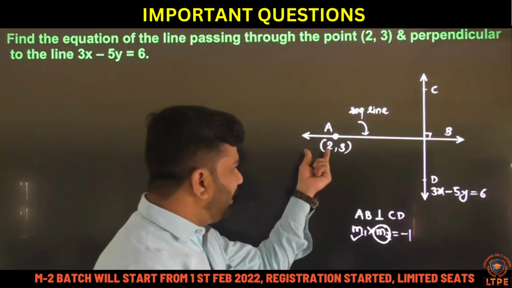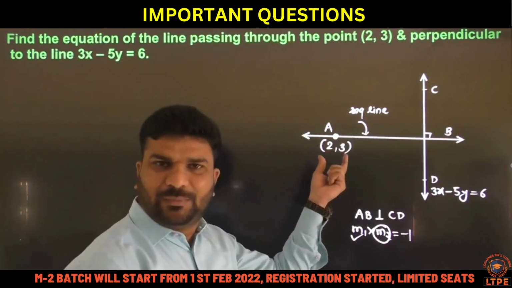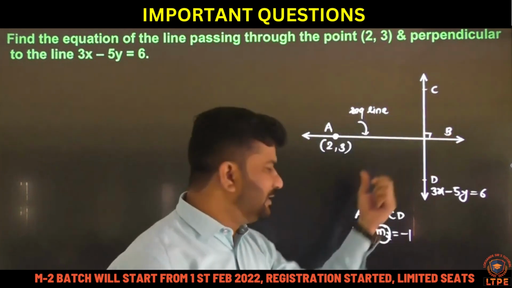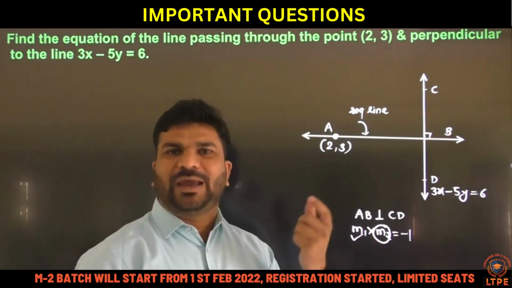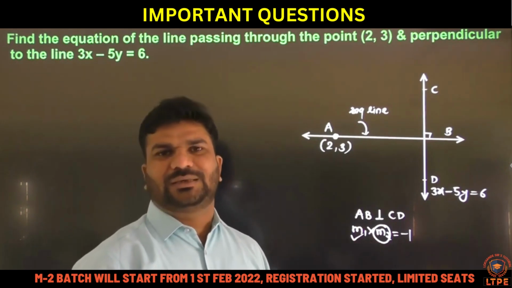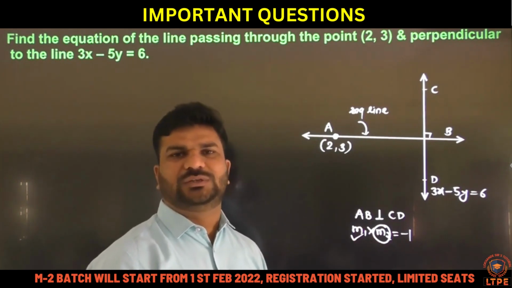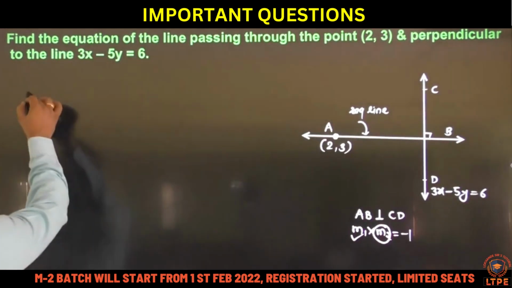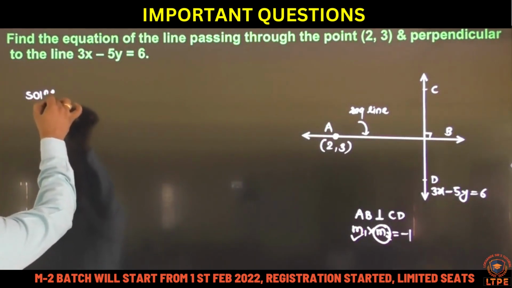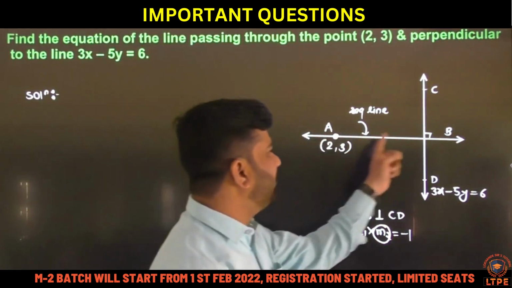A point is given on line AB and its slope can be calculated, hence we can use the slope point form. So, first of all I am going to calculate the unknown slope of line AB.